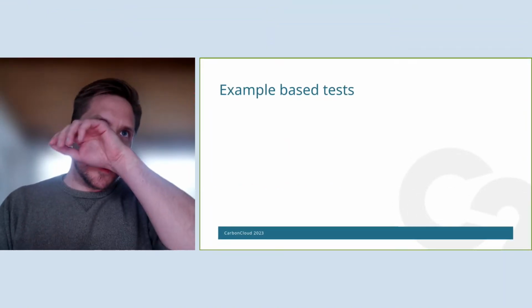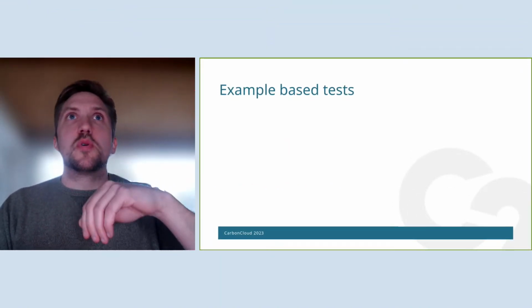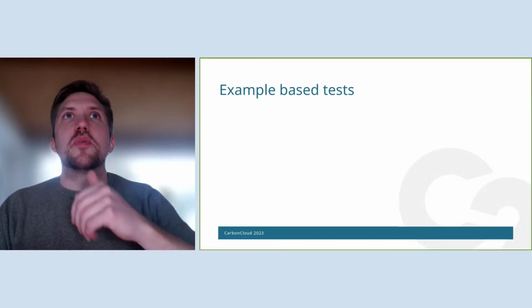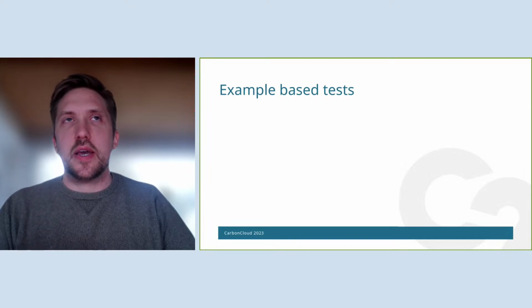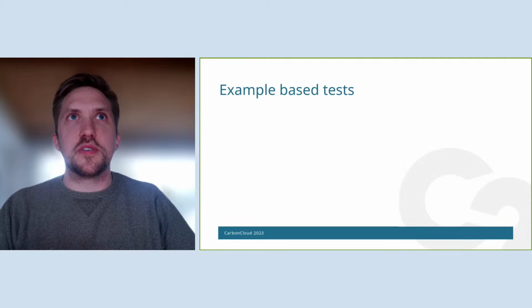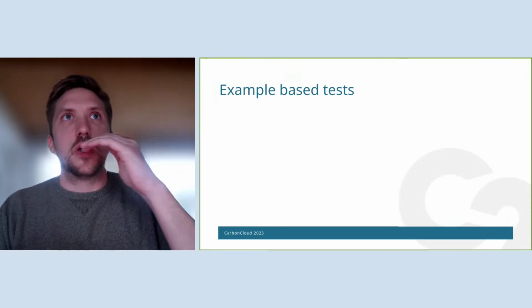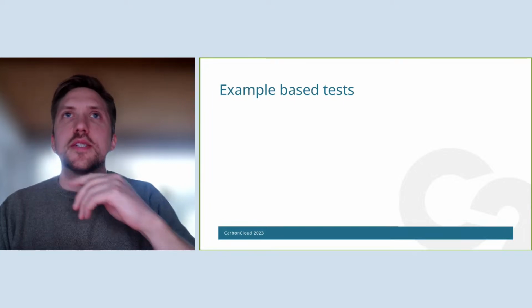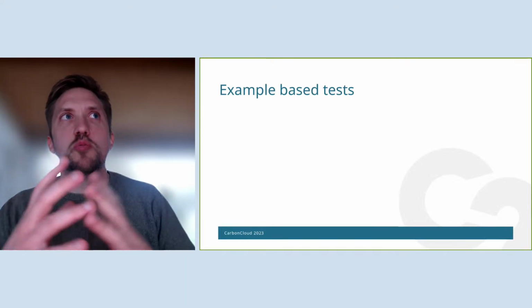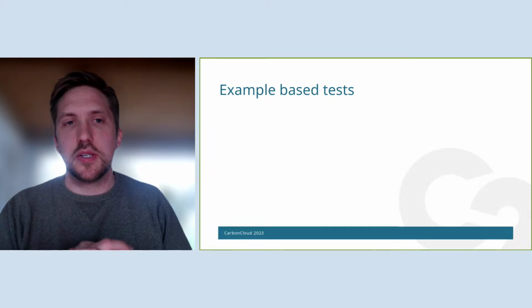So example-based tests correspond, I think, closely to what people think of when they hear the term unit tests. But for me, unit test more specifies the level of where in the application you test, or what kind of scope you aim to cover with the test.